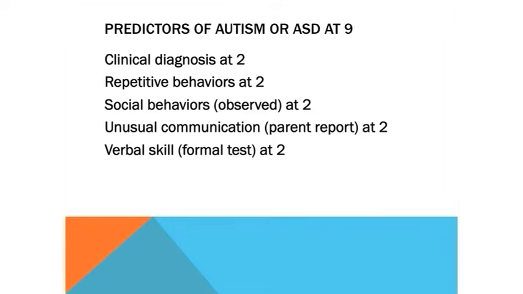Parent reports of communication, though, were better than what we saw in the ADOS. So parents were really quite good at being able to say, you know, I can ask my child to go get something from another room, or he would never be able to do that. And then verbal skill, which seems amazing, but at 2, verbal IQ was actually a predictor of diagnosis at 9.